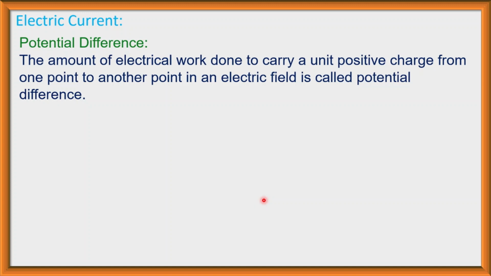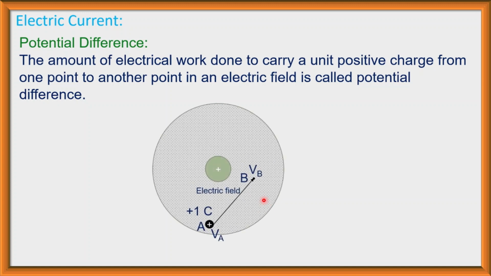in an electric field. Here A and B are 2 points of this electric field.